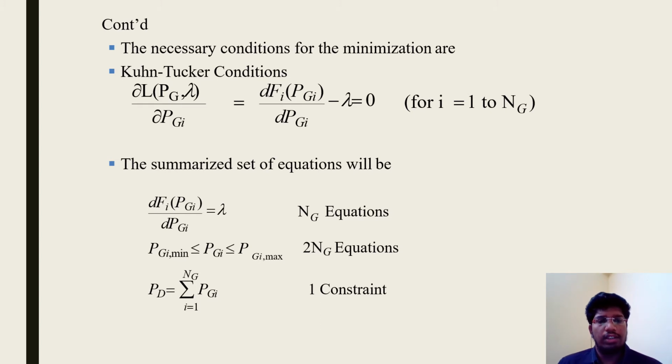The summarized set of equations will be dF_i(P_gi) by dP_gi equal to lambda, Ng equations. P_gi minimum is less than or equal to P_gi is less than or equal to P_gi maximum, 2 Ng equations. P_D equal to sigma i equal to 1 to Ng of P_gi, one constraint.